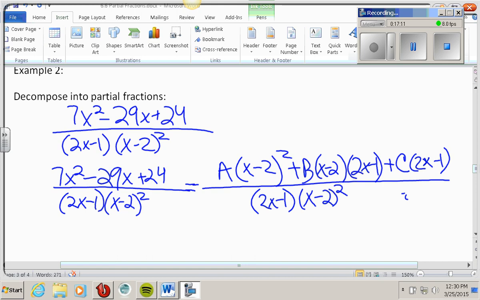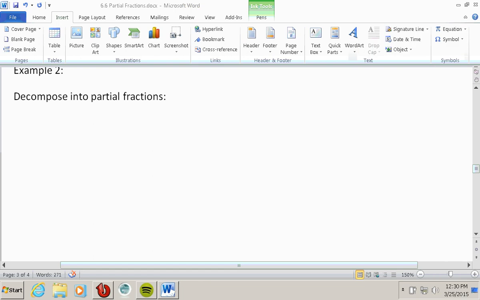Okay. So now we can set the numerators equal to each other. So let's go ahead and do that.